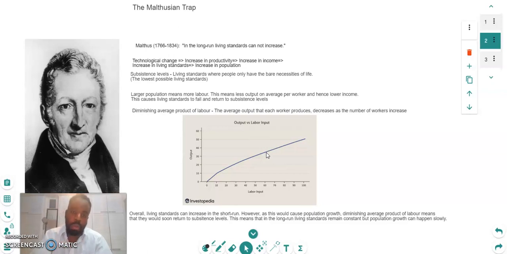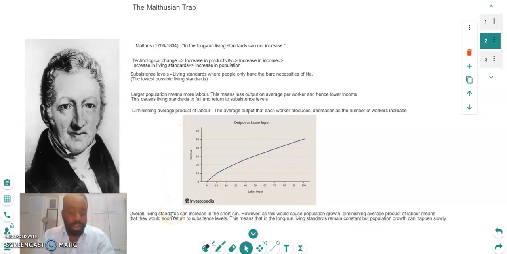So overall, this means that the overall quality of fertile land is going to decrease on average, and then the amount of output on average is going to decrease too. So, you've got less output on average per worker, and this is going to lead to less income per worker. This then consequently leads to a fall in living standards, and they would fall until they return to the subsistence levels.